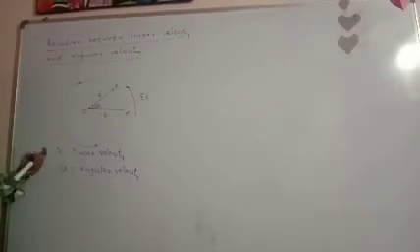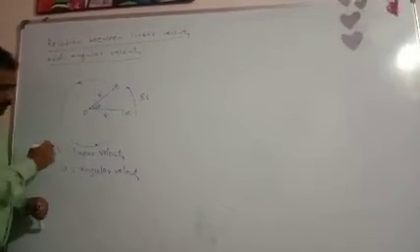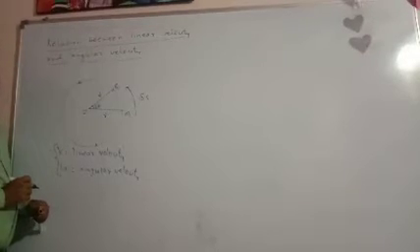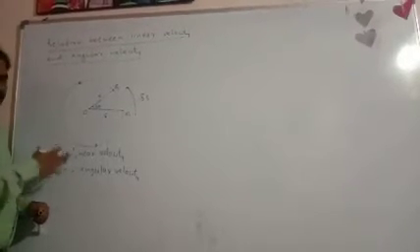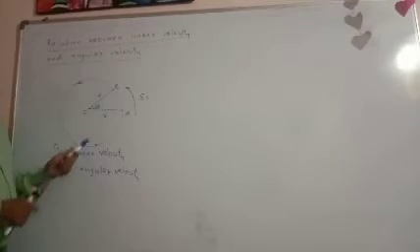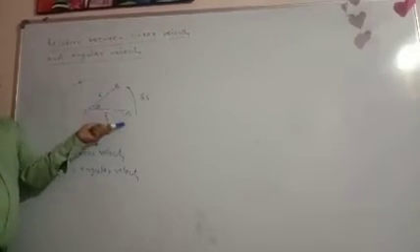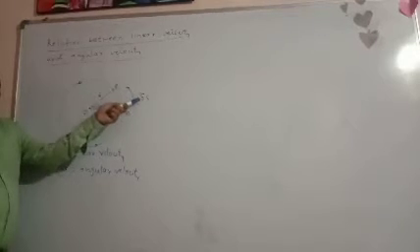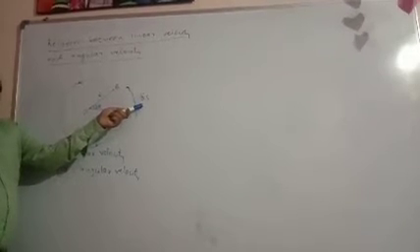In this article we have to prove the relation between these two velocities, one linear, another angular. An object goes from A to B, so there is a linear displacement, delta S.